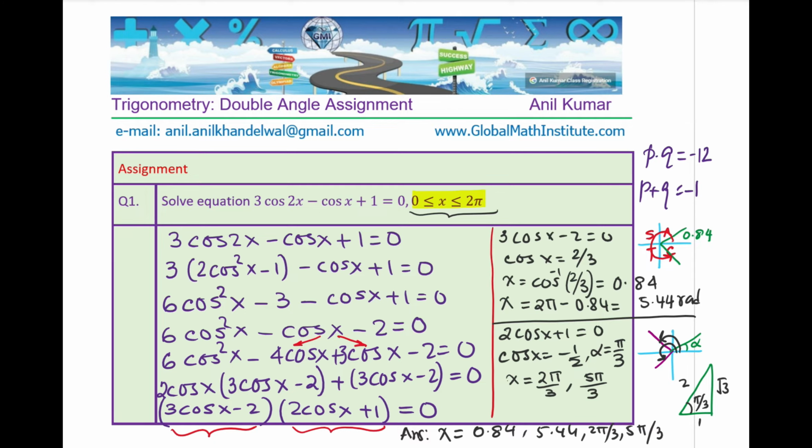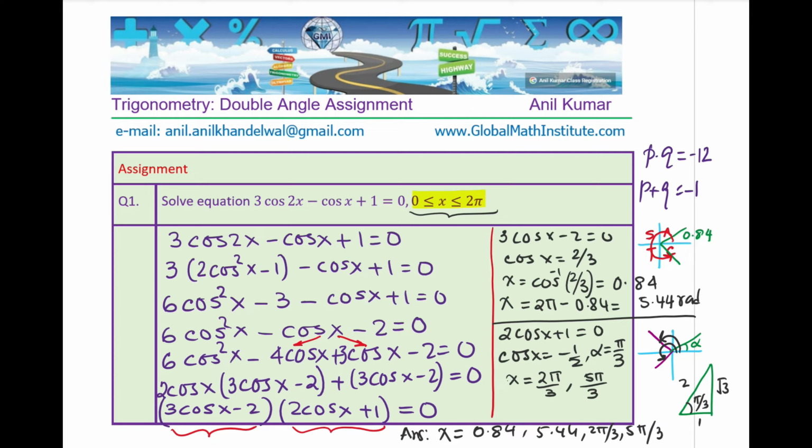So that is how we can solve question number 1. Basically, writing cos 2x as 2 cos square x minus 1 and factoring the quadratic equation helps us find the solution. Correct? So I hope this is absolutely clear.